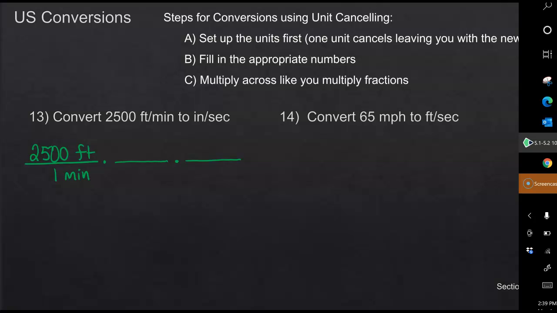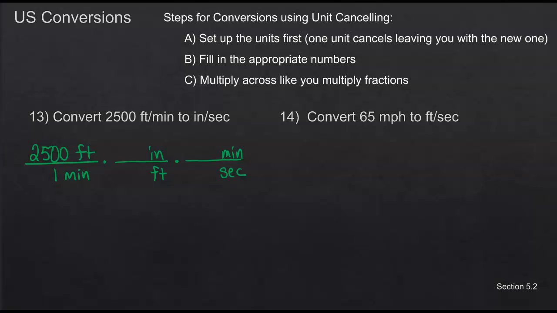On this, we're going to have our feet. It doesn't matter which one you do. You can do the time first or the feet first. It doesn't matter. And then we're going to convert our minutes to seconds.